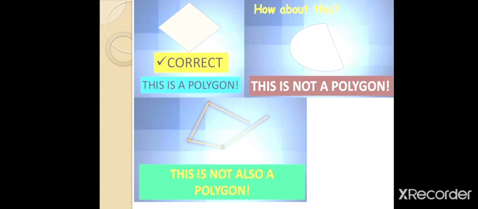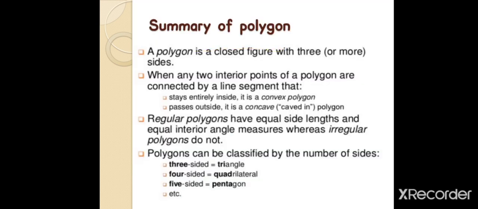So here is the summary of polygons. A polygon is a closed figure with 3 or more sides. When any two interior points of a polygon are connected by a line segment and it stays entirely inside, then it is called convex. If not, then it is called concave. A regular polygon has equal side lengths and equal interior angle measures.